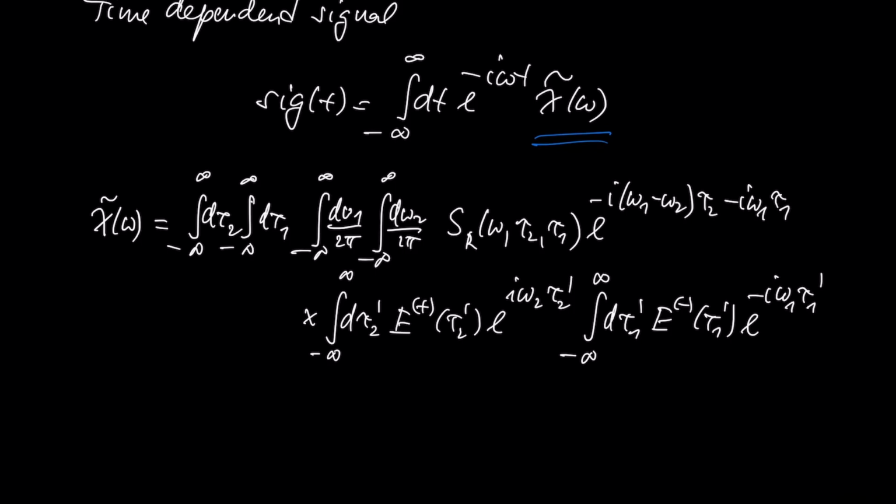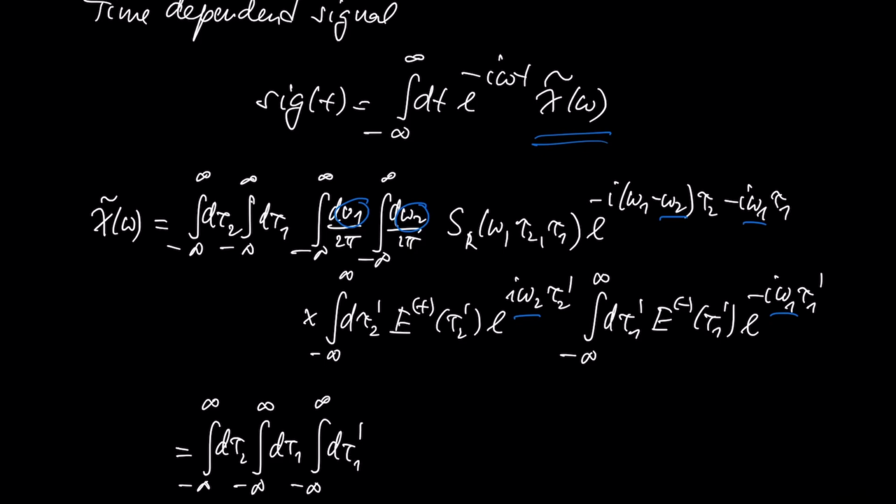Okay, so if we put together the exponentials now in omega 2, so here and here, and in omega 1, which is here and here, we get some delta functions. Actually, we would still have here the integrations over all the time variables, tau 1, and here we would have d tau 1 dash and d tau 2 dash.